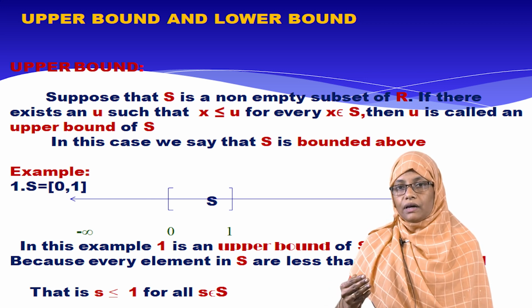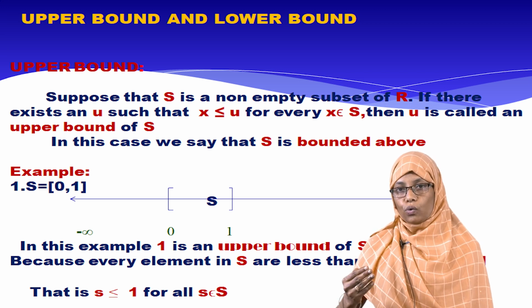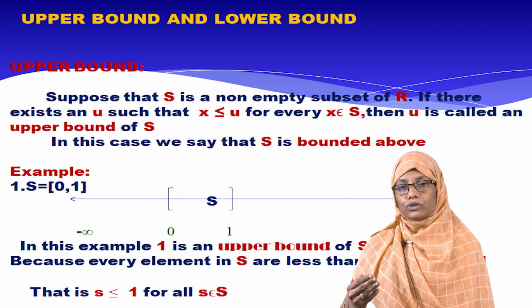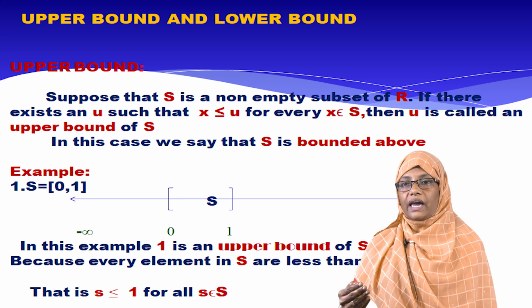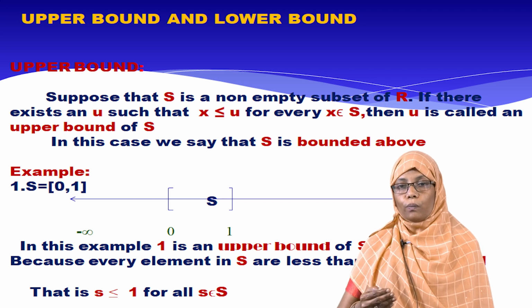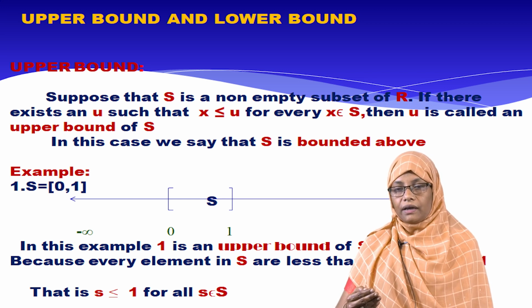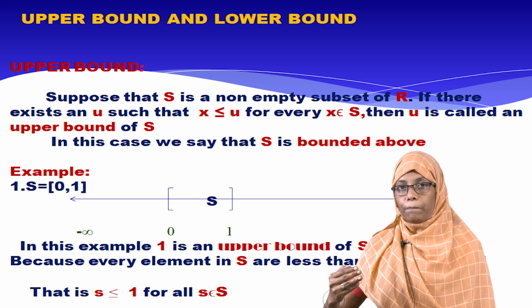That is, small s less than or equal to 1 for all small s belongs to capital S. In this case, we say that capital S is bounded above. In general, a non-empty subset of R is bounded above if it has an upper bound.